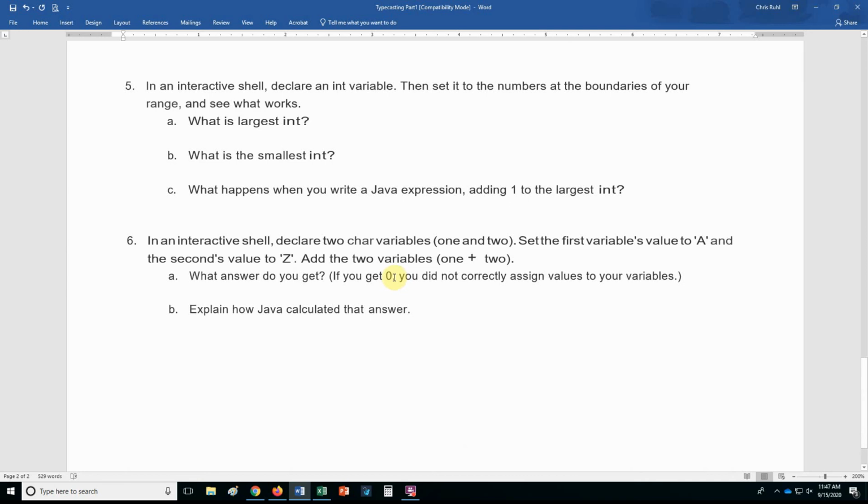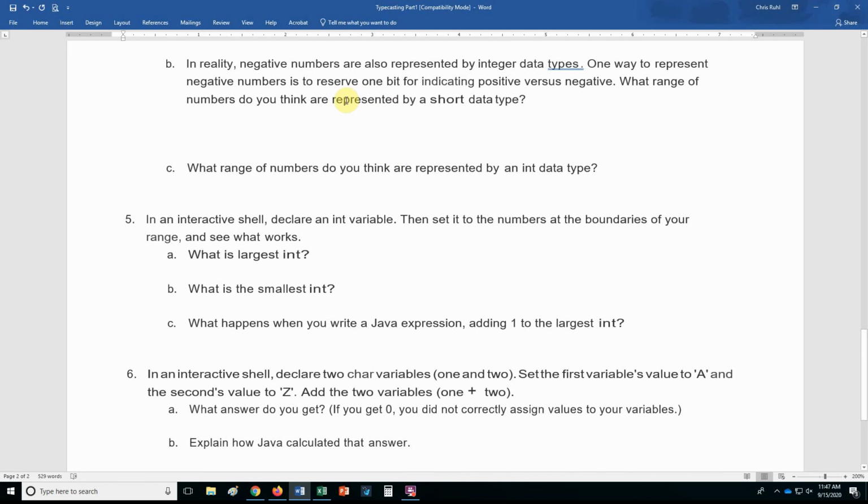Number 5 is related to number 4 because number 4 talks about the short data type and the integer data type. So the integer data type gives you a range of numbers, a big number that's negative to a big number that's positive.